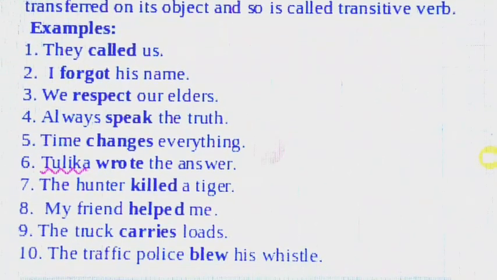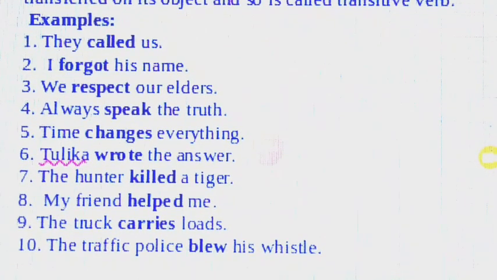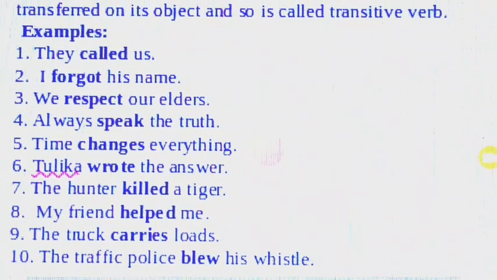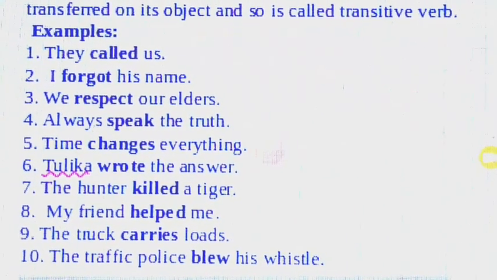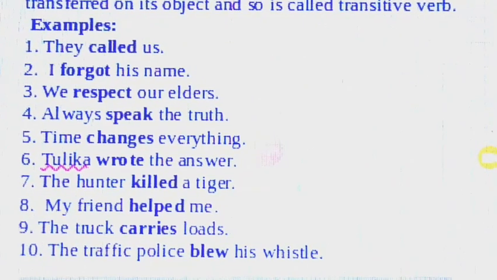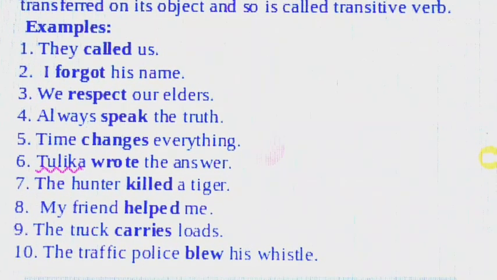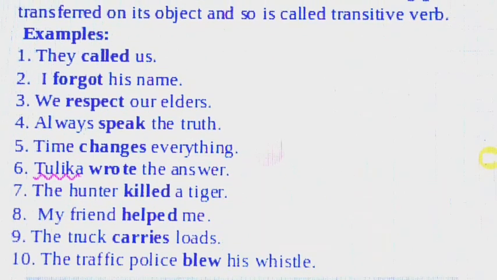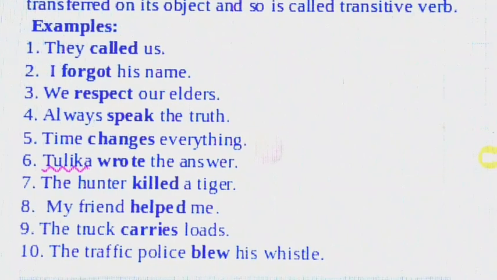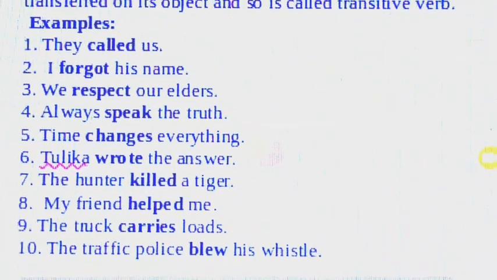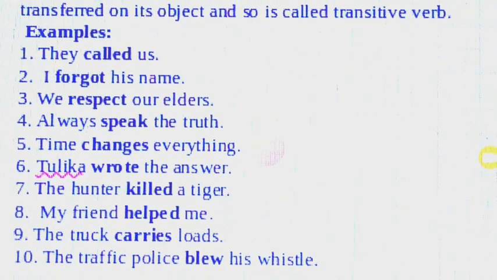And for the next one, our fourth example, always speak the truth. Here the object is the truth and the main verb or transitive verb is speak, and it begins with the adverb always. So the main verb is speak and the object is the truth.